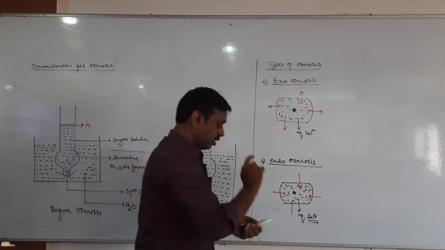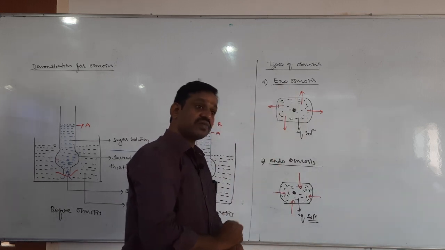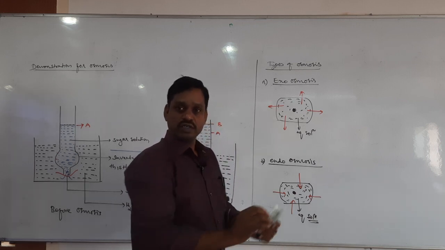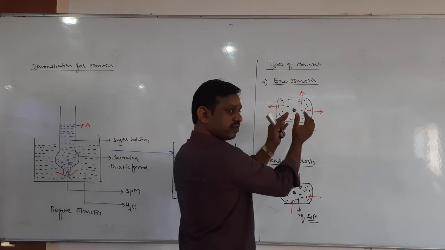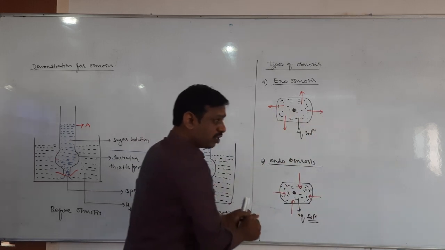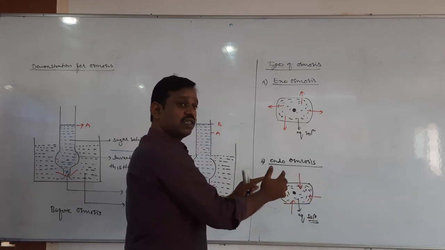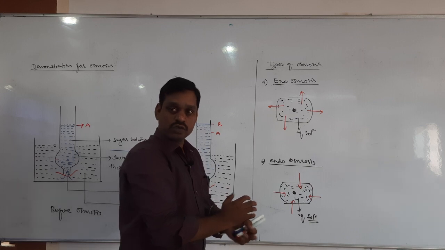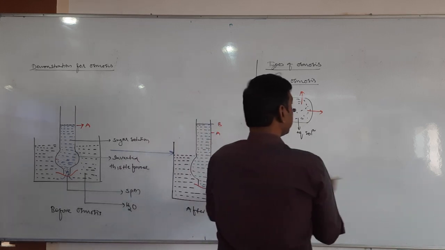Then usually due to exoosmosis, what happens to cells? Usually they shrink. So the size of the cell becomes smaller. They shrink due to loss of water. And due to endoosmosis, the size of the cell increases. That is, they swell. Usually this is observed in plant cells.